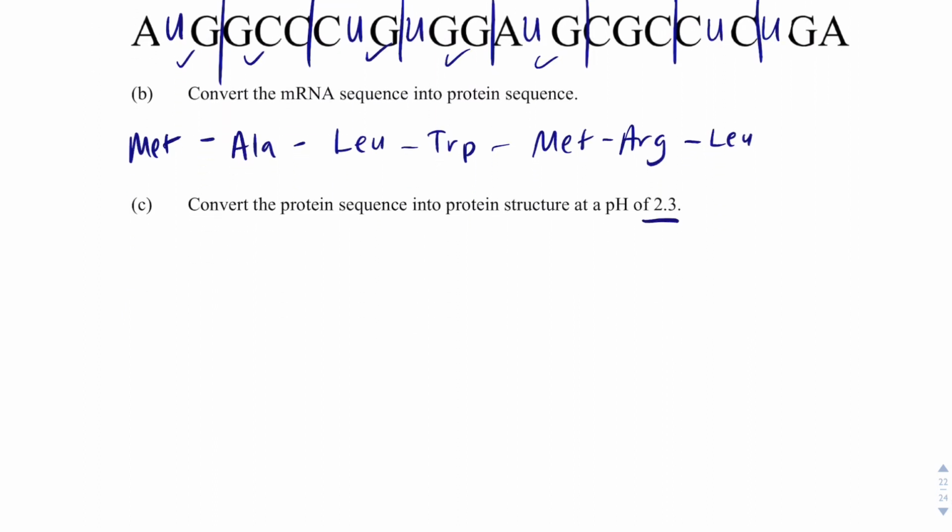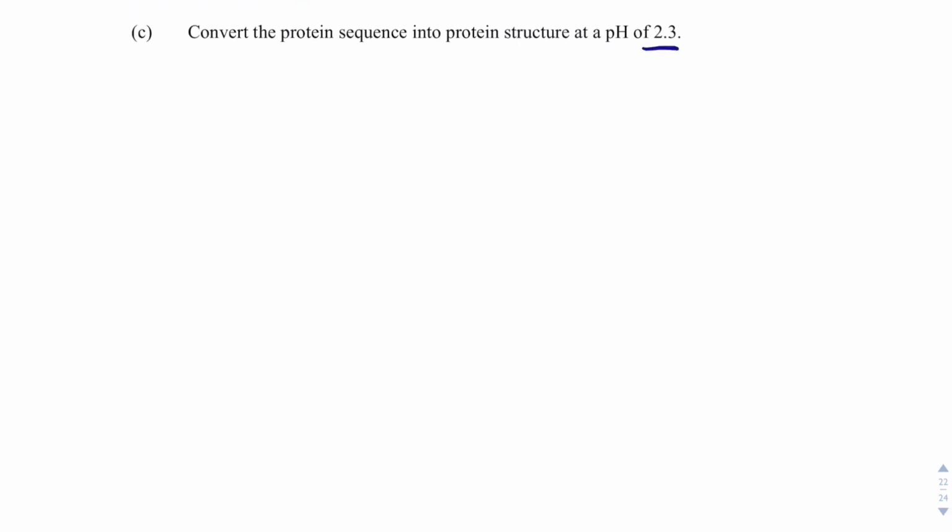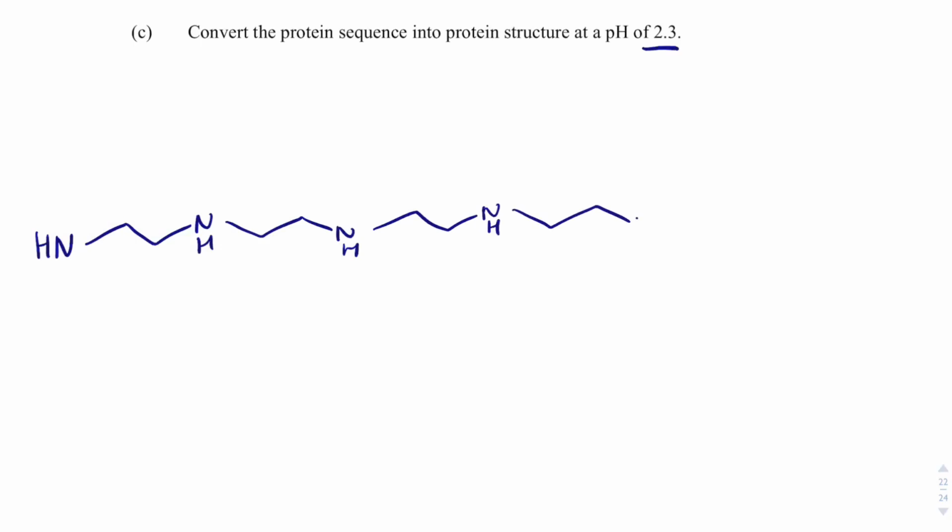We're at a pH of 2.3. And watch how I'm going to structure this to come up with my protein. I know I'm going to have H2N, and then NH, repeated for each amino acid.